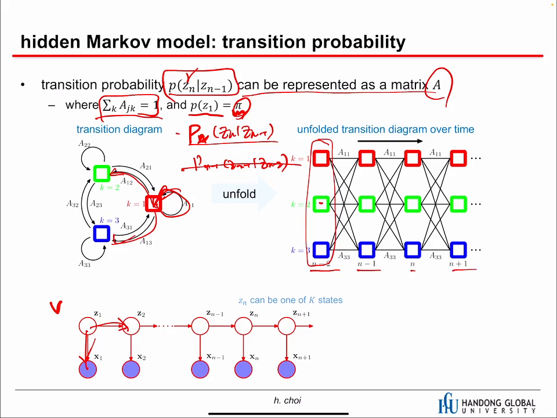For example, at n-2, if we are at the state 2, from here we can move to the first state or second state or third state. Okay, and then if we are at the third state at time n-1, then we can move to the first, second, and third. So every time step, we have to choose the next state based on this transition probability.